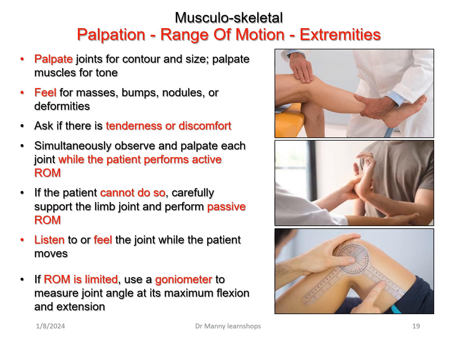So if the patient cannot do so, you carefully support the limb joint and perform passive range of motion. And you listen to or you feel the joint while the patient moves. If range of motion is limited, use a goniometer to measure the angled joint at its maximum flexion and extension, as indicated in the diagrams.